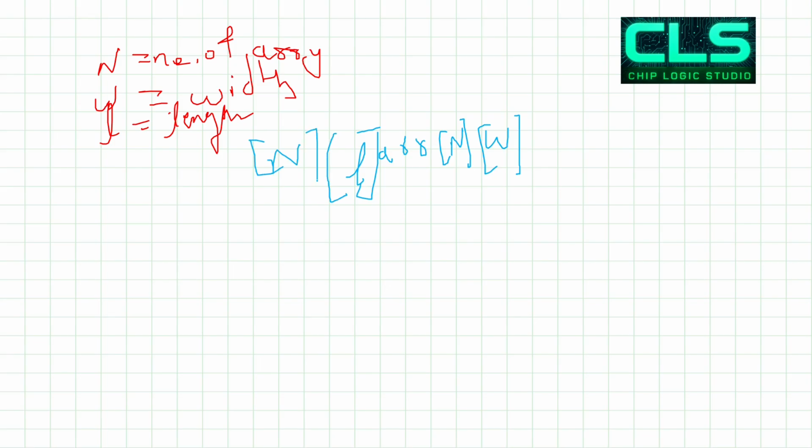Okay. Now for example, if you have given n equal to 2 and l equal to 2, the array will be like this: this will be of 2 bit and this will be of 2 bit.